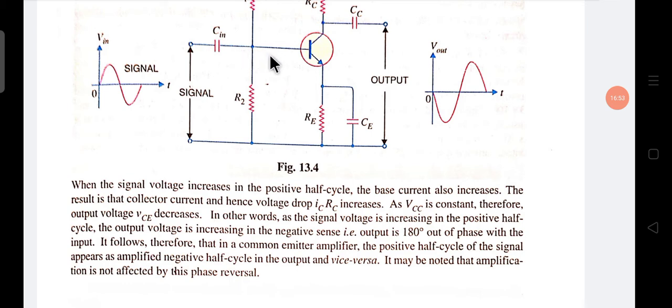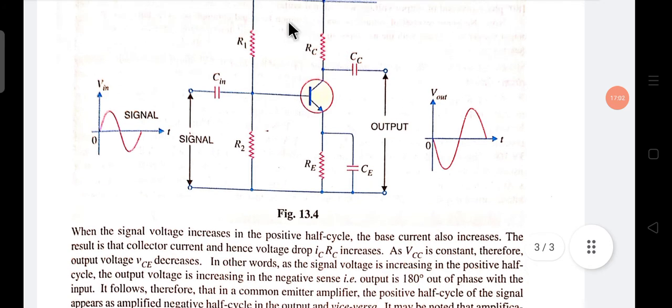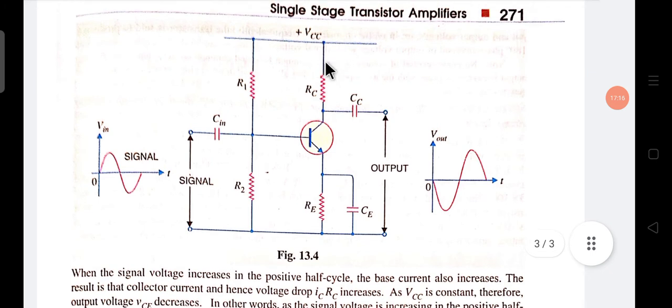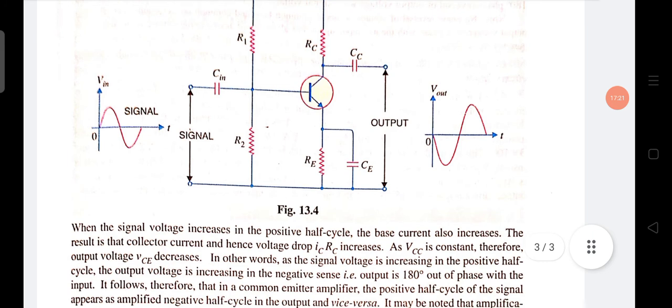The result is that the collector current, and hence the voltage drop IC RC, increases. Since IB is increasing, IC also increases, so the voltage drop ICRC also increases. As VCC is constant, the output voltage VCE decreases.